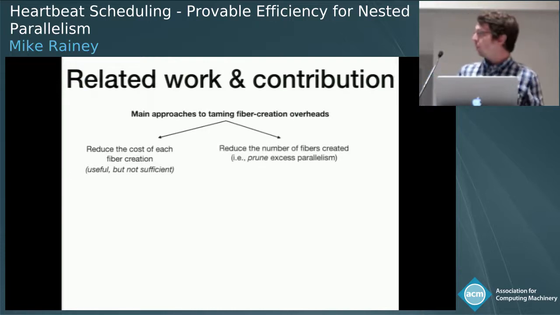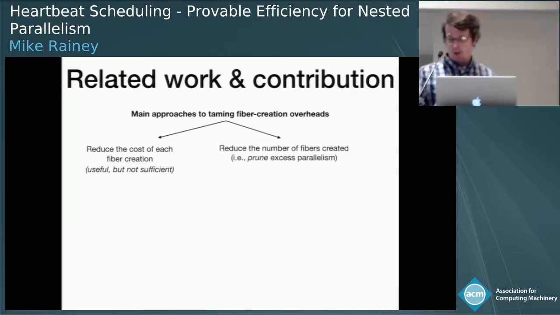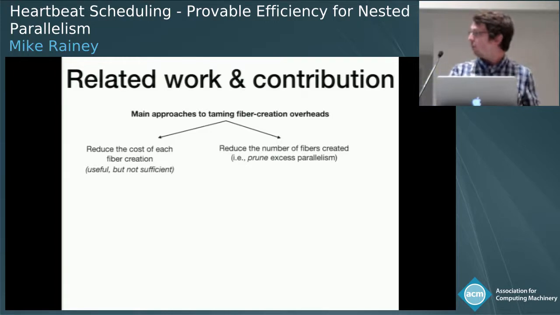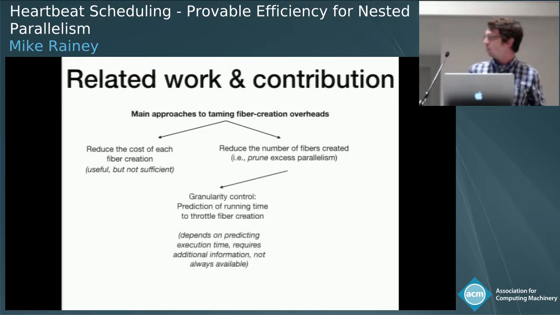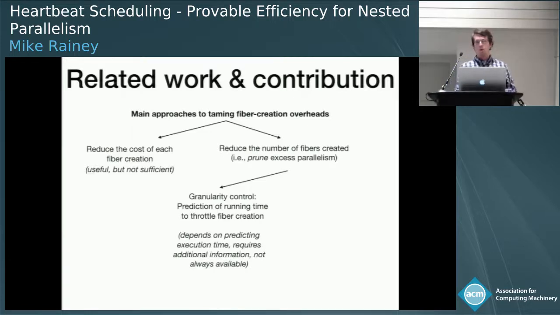So what people do in response is they use one of two approaches. One of which is granularity control. In granularity control, what you're trying to do is predict the running time of a computation so that you can ensure that a given fiber contains enough work to amortize its cost.